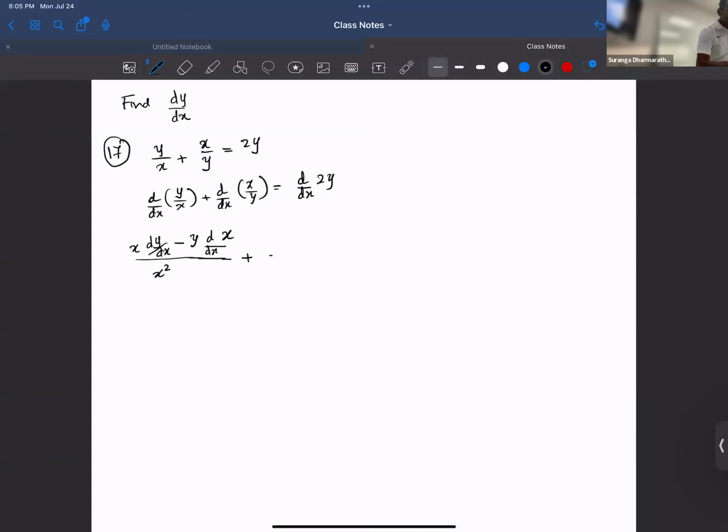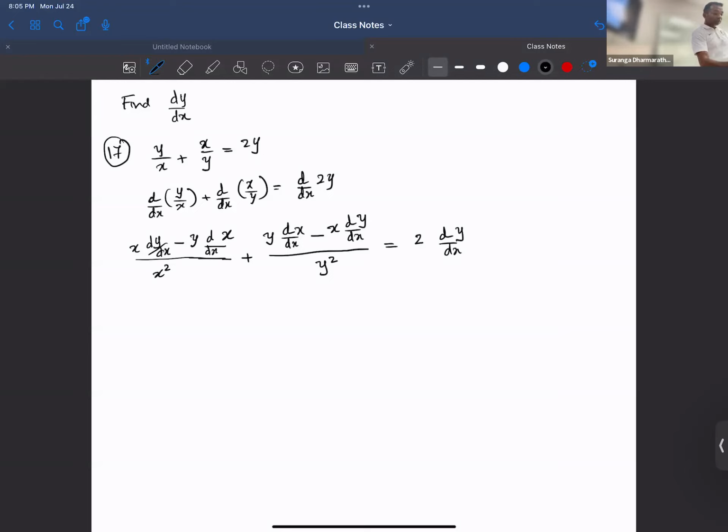And then plus y squared. Take the first derivative as the numerator. So y d over dx x minus x d over dx y equals 2 times d over dx y. Now, we cannot do anything further to dy over dx.